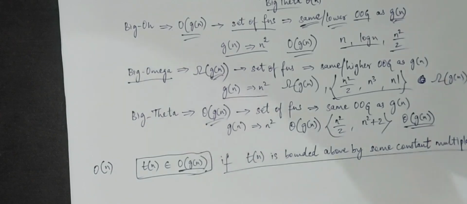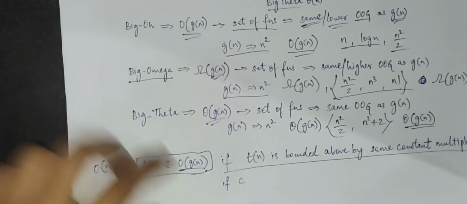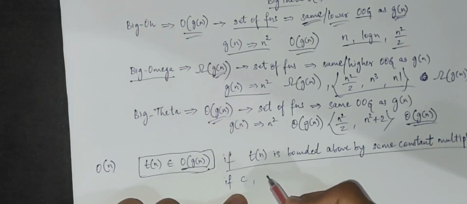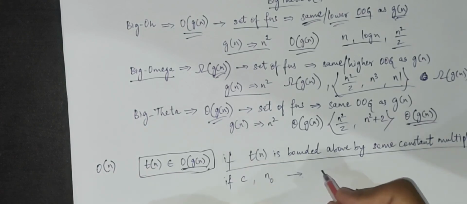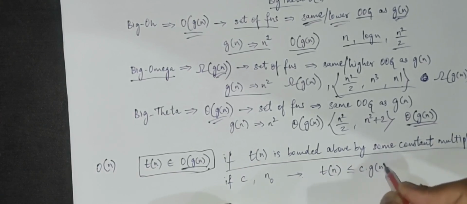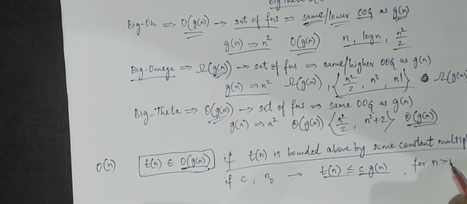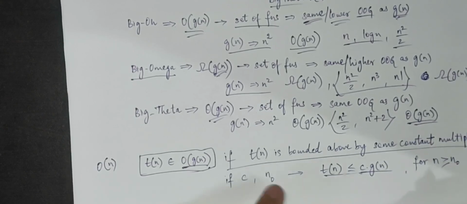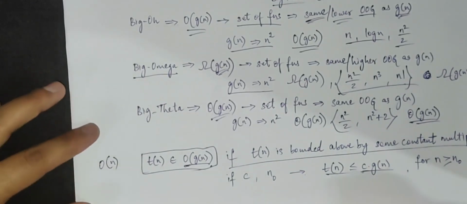So if there is some positive constant c and some positive integer n0, then t of n is less than or equal to c times g of n for all n greater than or equal to n0. This is how you would define it more formally.